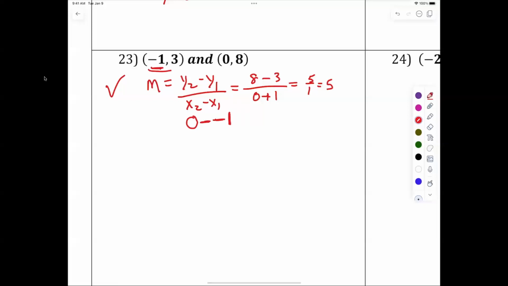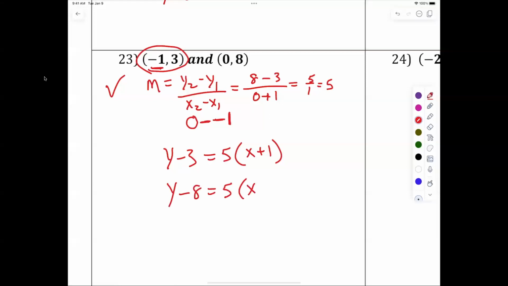I'm going to go ahead and pick the first point. So the equation is y minus 3 equals 5 parentheses x plus 1. Anybody having issues with that? Or if I choose the other point, y minus 8 equals 5 times x minus 0.